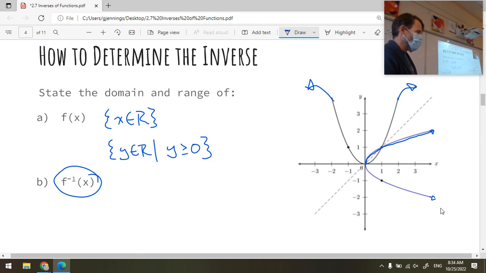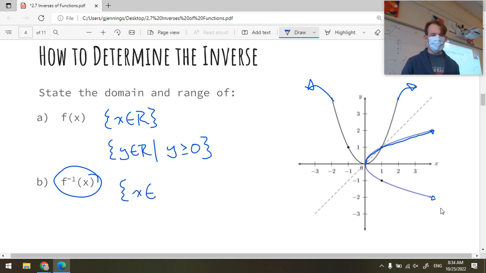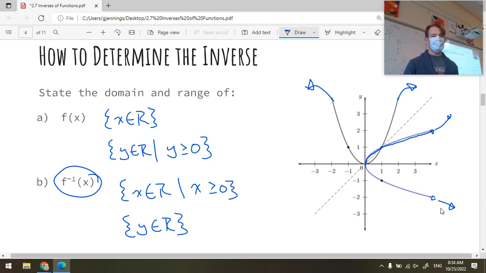But what we notice is that now x is still real numbers, and x is now the one that's greater than or equal to 0. And in this case, y can get infinitely big or infinitely big in the negative sense. So y is now of the reals with no limitations. Notice that the domain became the range and the range became the domain.